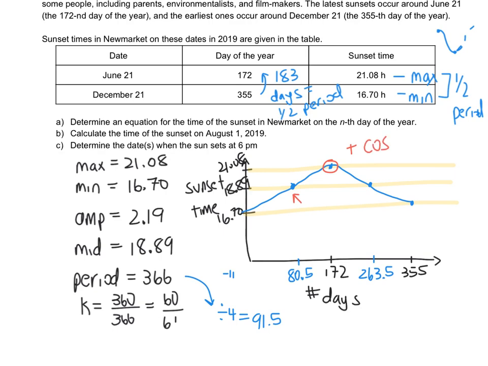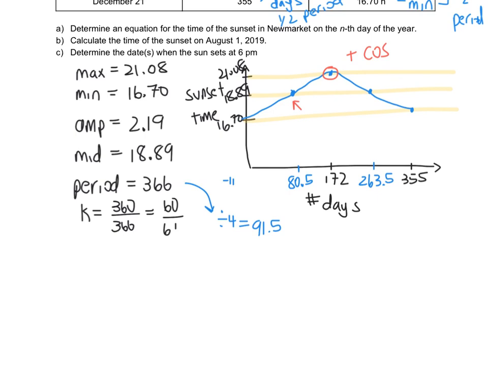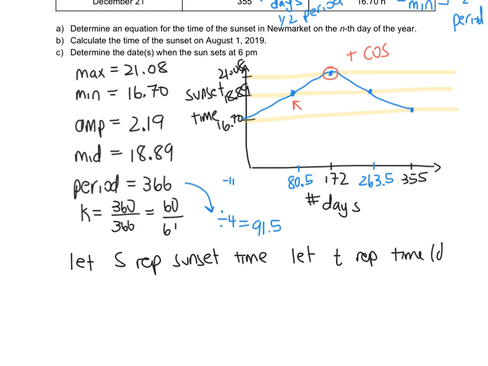So now let's write our let statements, and then we can set up our equation. So let S represent sunset time. Let T represent time in days. Okay, so we have S at T equals, we said it's a positive cos, so my amplitude of 2.19 is positive, cos.